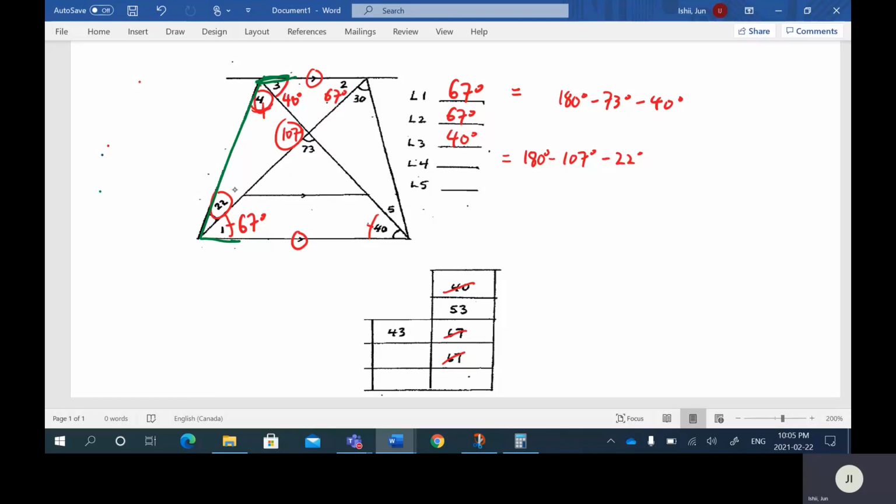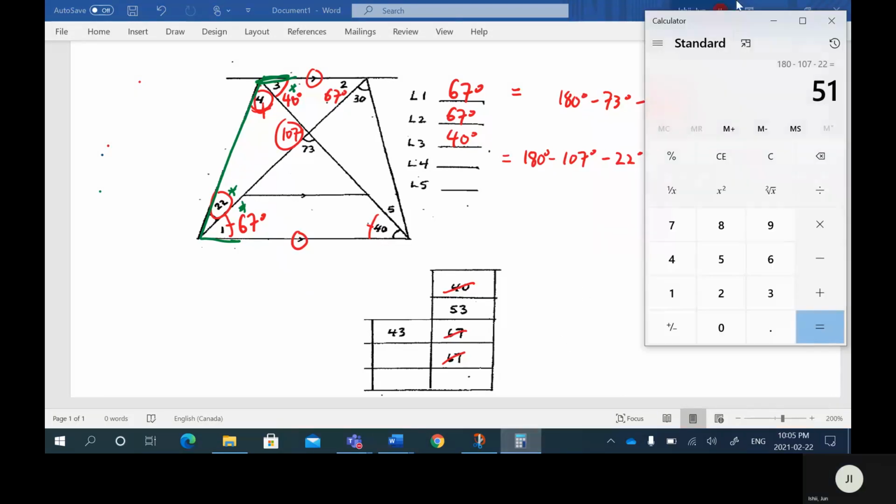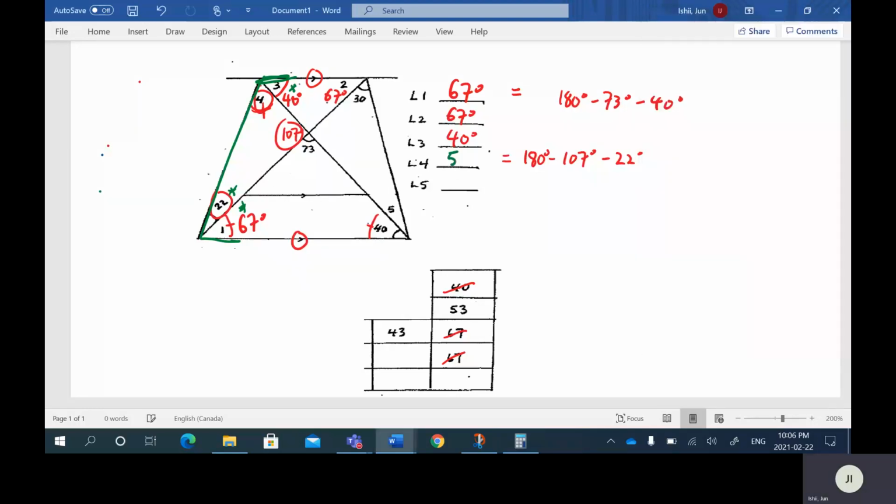So if I take the 22, add it to the 67 and the 40, and take 180 minus those three angles, I should get angle 4. Let's see what that gets us. It's 180 minus 40 minus 22 minus 67. We got 51 degrees again. So angle 4 is 51 degrees.